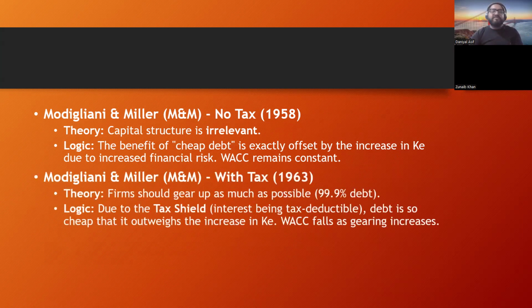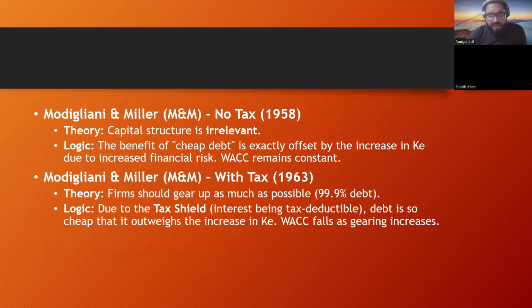Whereas in 1963, exactly five years later, these two theorists changed their view, and they said, okay, in a world with tax, the value of a geared firm is greater than the value of an ungeared firm.